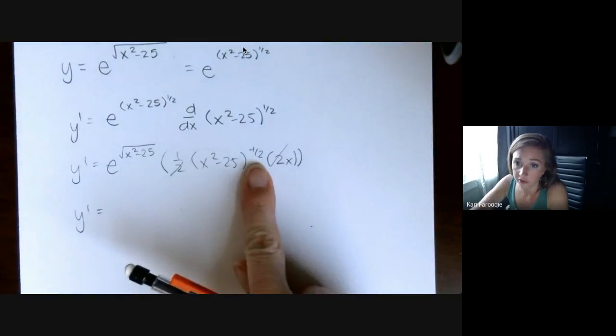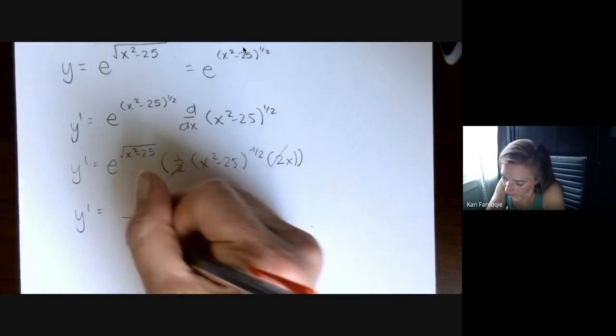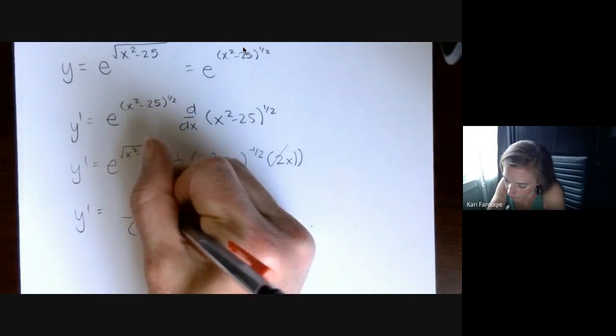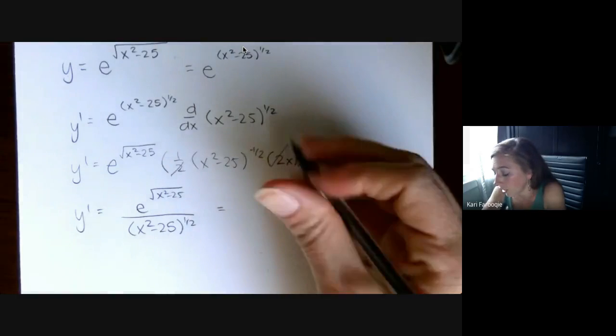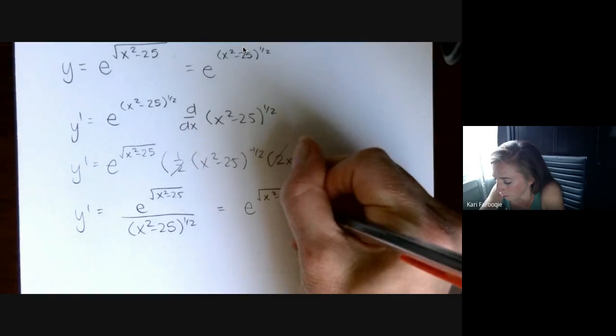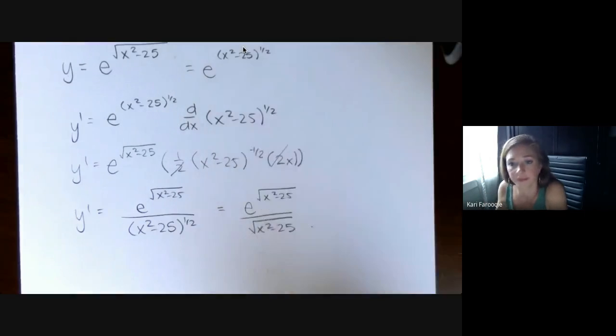Now, this is a negative exponent on x squared minus 25, so I'm going to move that into the denominator as a positive 1/2. And then if you would like, you could even put the radical back on that. You don't have to, but it matches that way at least.